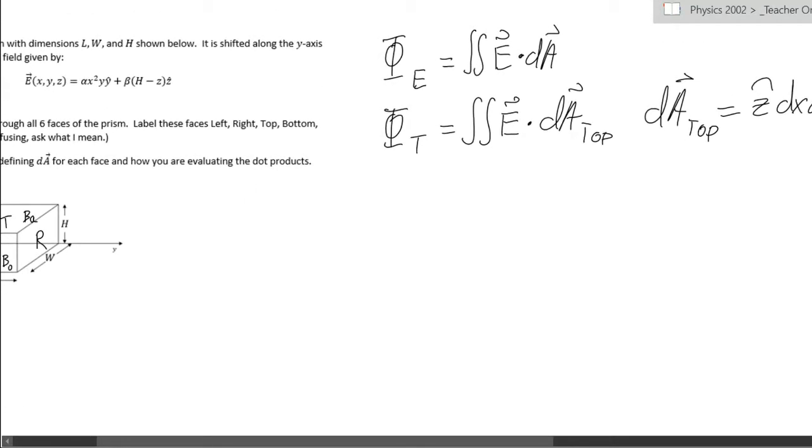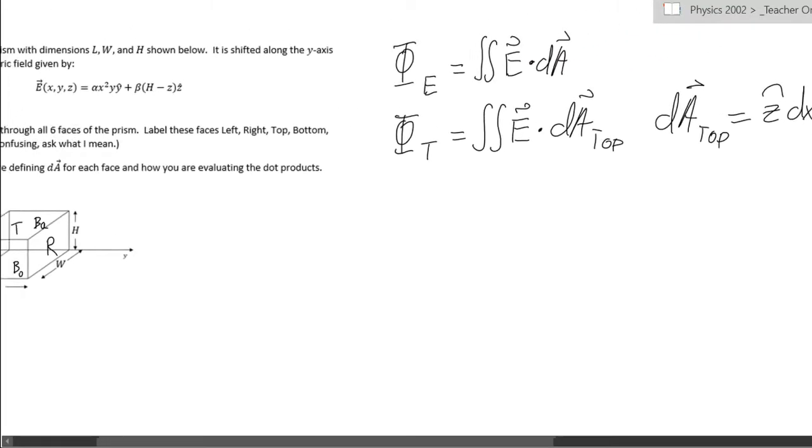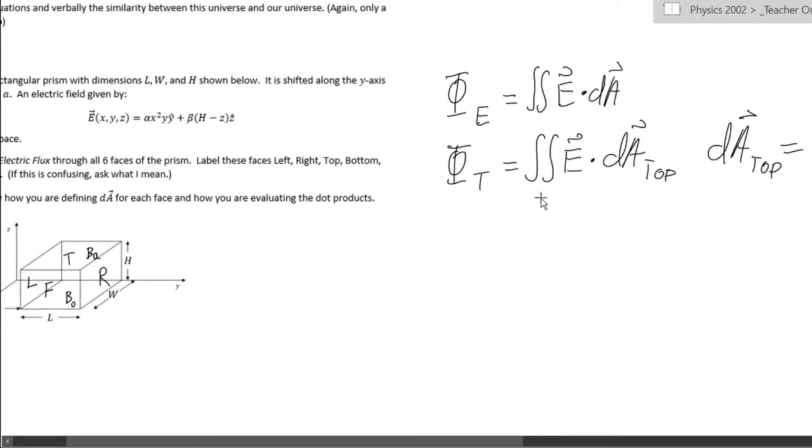Okay, so now we take the dot product between this and our vector, and when we do that, we're only going to pull off the z term because z hat dot z hat is 1, z hat dot y hat is 0. So this is going to be equal to the integral of beta times h minus z times dx dy.